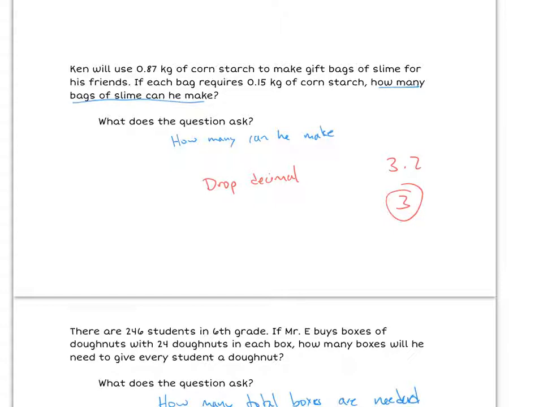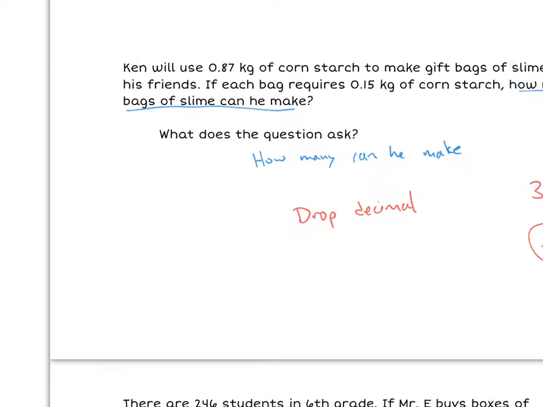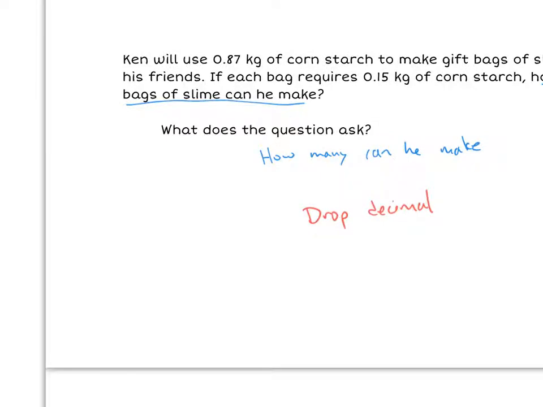So I'm going to do the math on the side here. You guys don't need to copy the math down for this one, just so you get an idea of what this will look like. It's 0.87 divided by 0.15. We move our decimal 2 places, so we have 15 on the outside and 87 in the middle. It fits in 0 times here, 5 times there. 5 times 15 is 75.